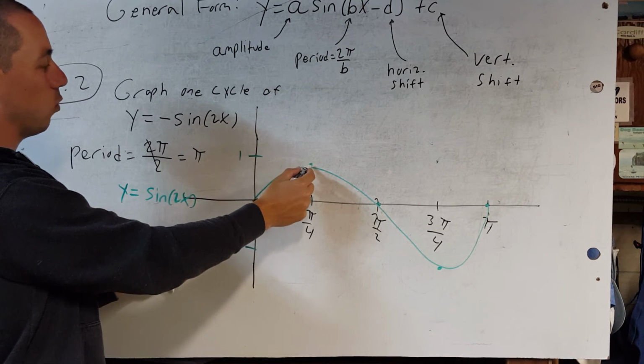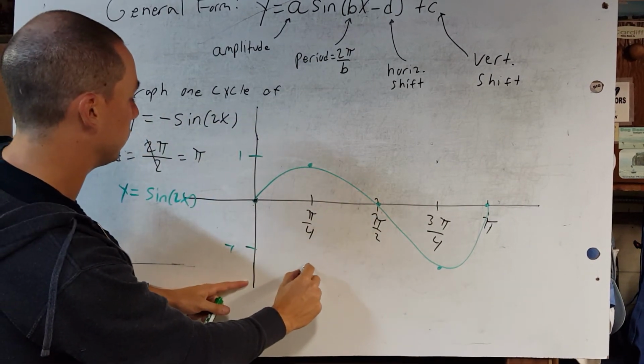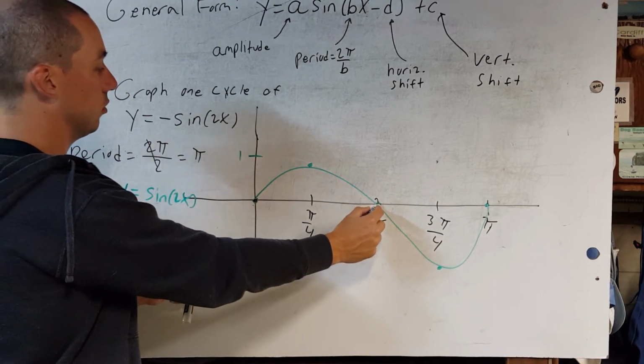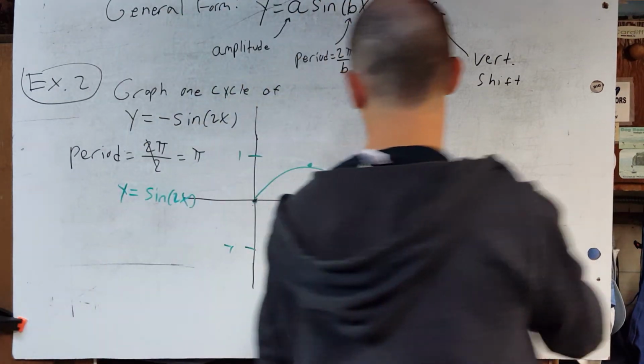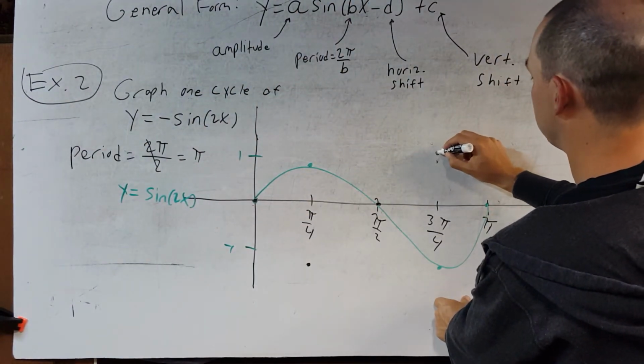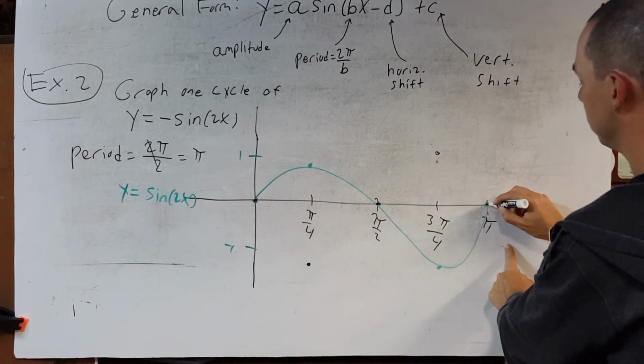Here, at this point, the y-coordinate is 1 times negative 1, which becomes negative 1. A y-coordinate of 0 times negative 1 is still 0. A y-coordinate of negative 1 times negative 1 becomes positive 1. And a y-coordinate of 0 times negative 1 is still 0.